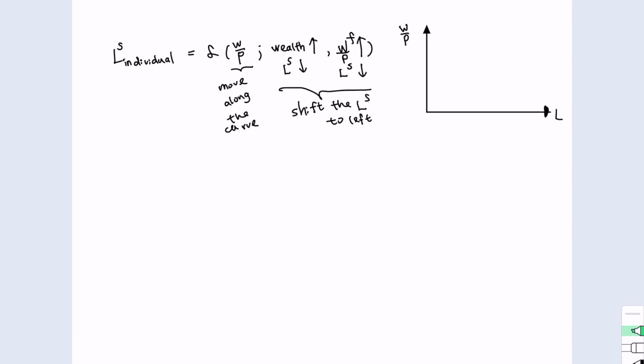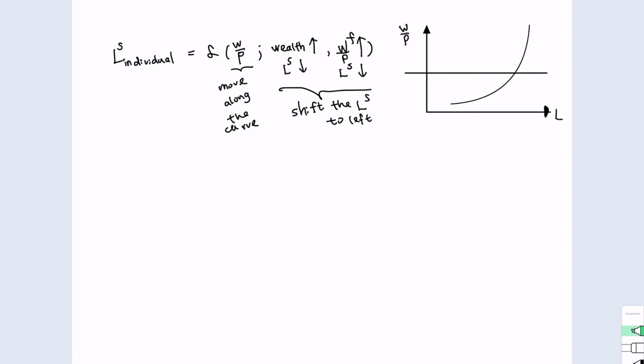So why is it so? That is because the labor supply curve plots the relationship between the real wages and the quantity of labor supplied. Therefore, when the wages get higher, we are going to supply more labor.